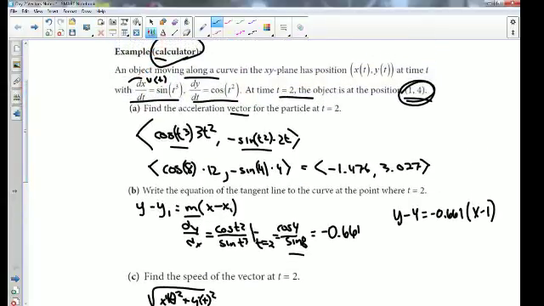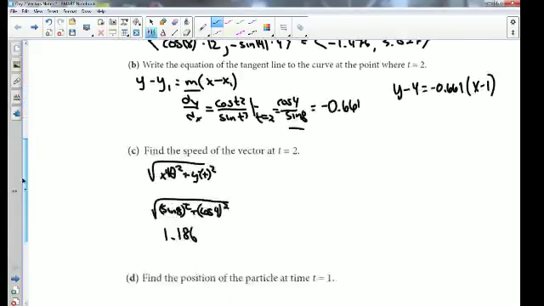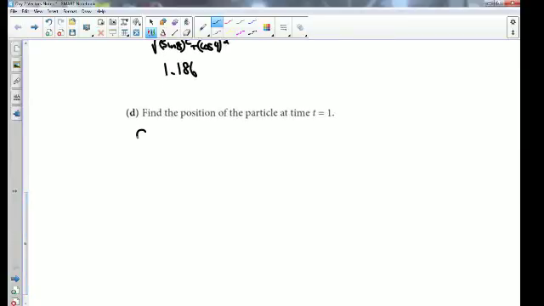So how am I going to find x equals? Yeah, so sine t cubed. What else do we need in there?